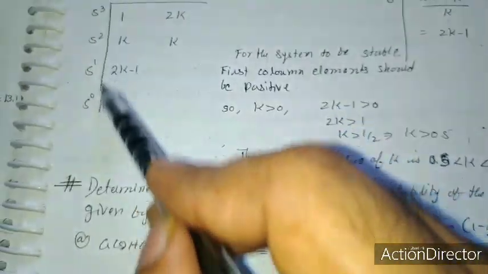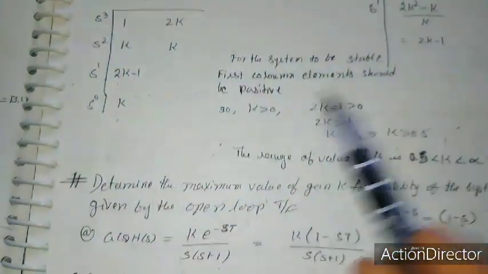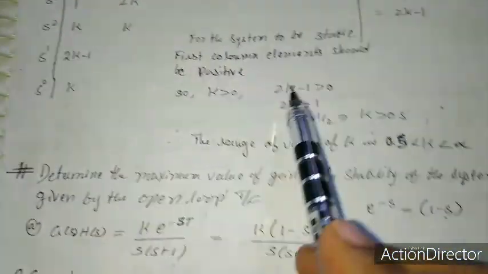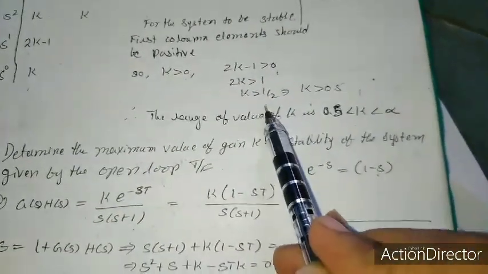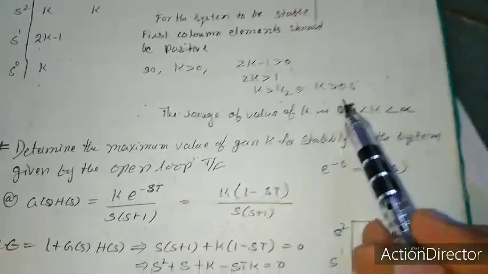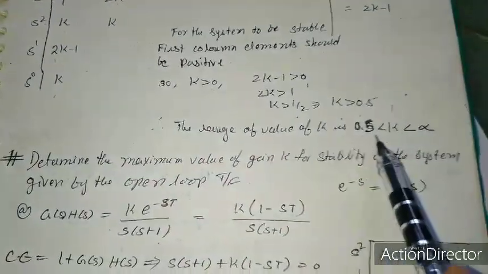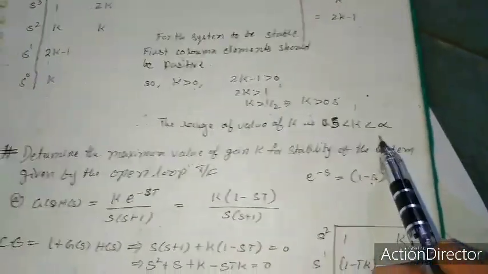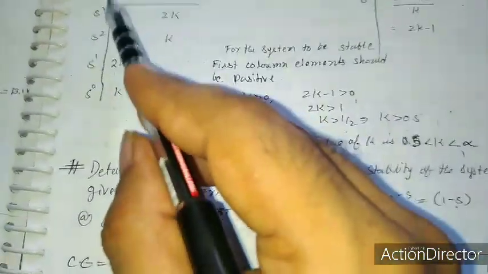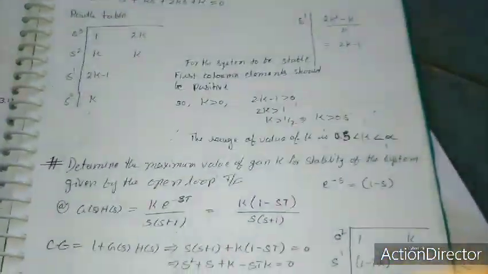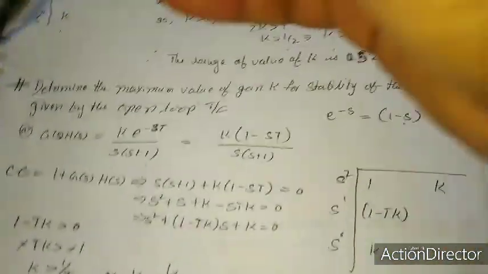All the elements of the first column should be greater than 0. So k should be greater than 0, and 2k minus 1 should be greater than 0. From this, k should be greater than 1 by 2, that is 0.5. So the range of k is from 0.5 to infinity. Then only the system is stable, since all the elements of the first column will be greater than 0.